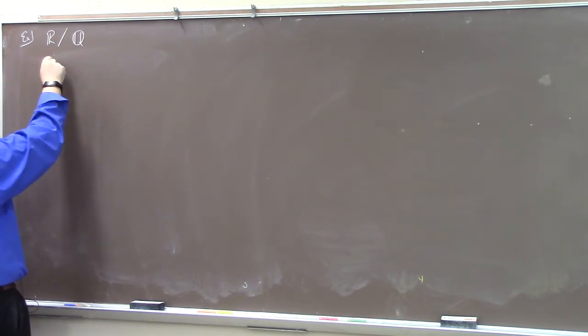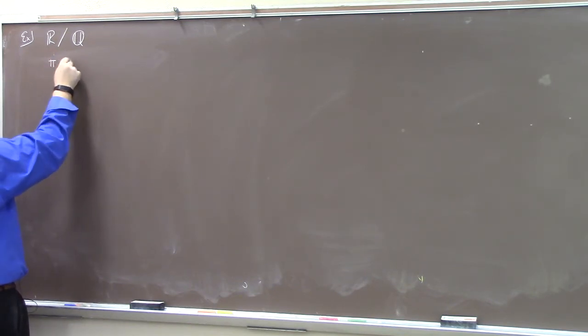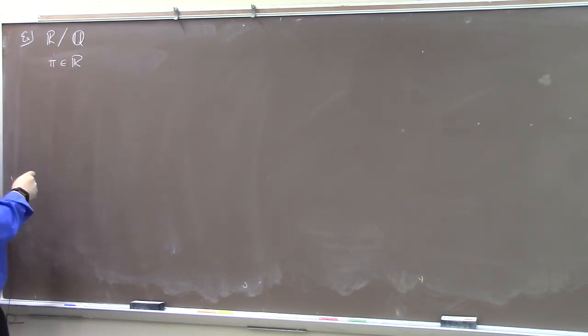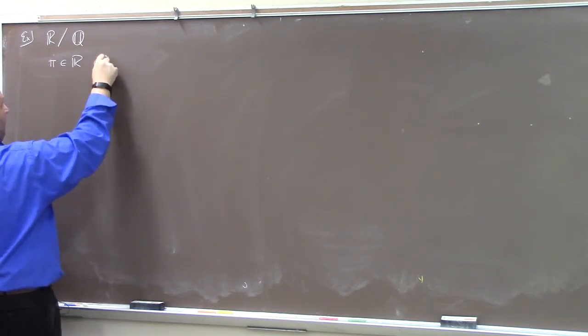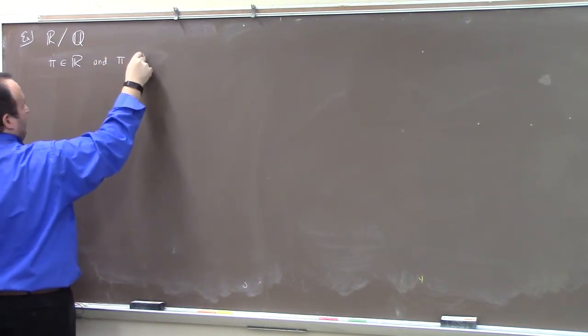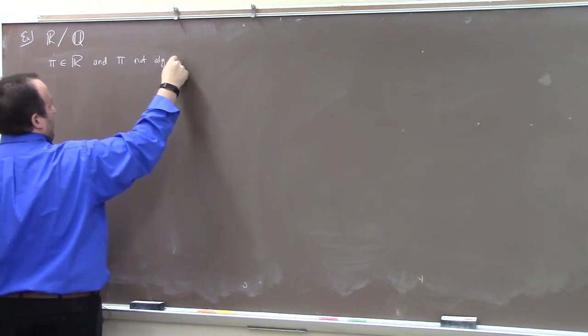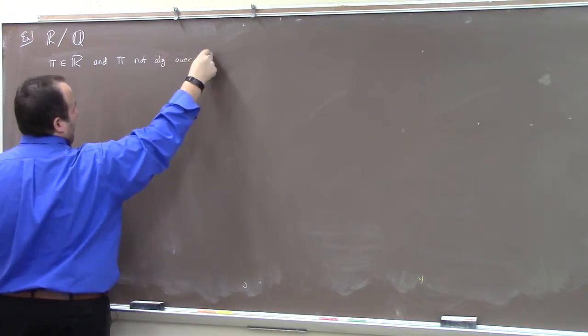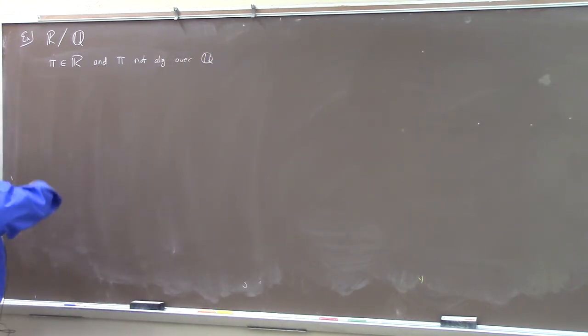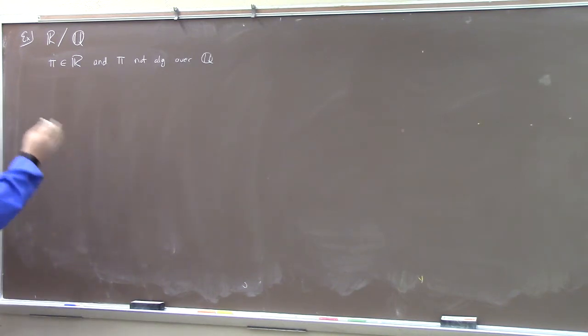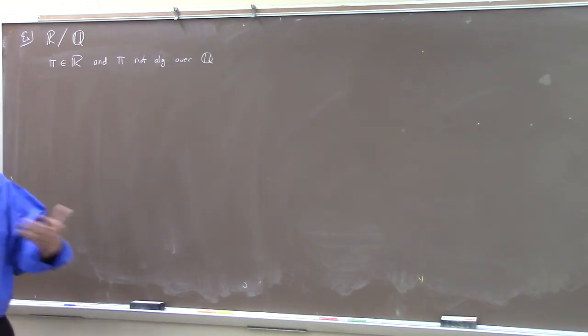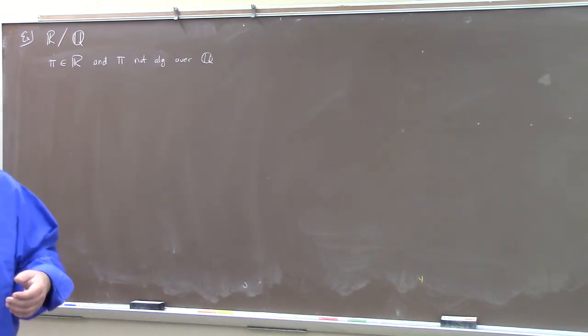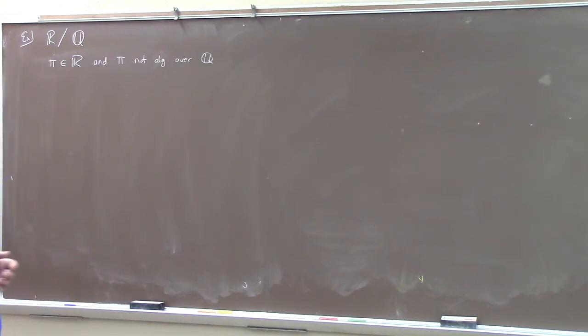Of course, pi is an element of the reals, and pi is not algebraic over Q. So here's an example of an infinite extension where you're extending things which aren't necessarily algebraic.